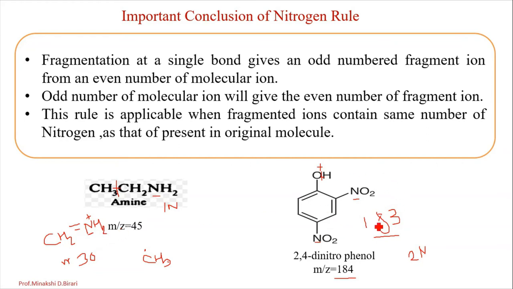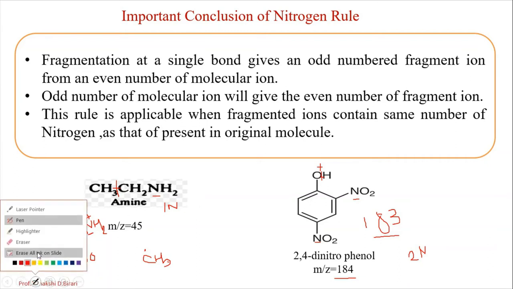In this example, two nitrogens are present in the molecular ion and two in the fragment ion. That means the same number of nitrogens as in the original molecule. So only when the number of nitrogens in the original molecule and in the fragment ion are the same is this rule applicable. That is the important conclusion of the nitrogen rule.